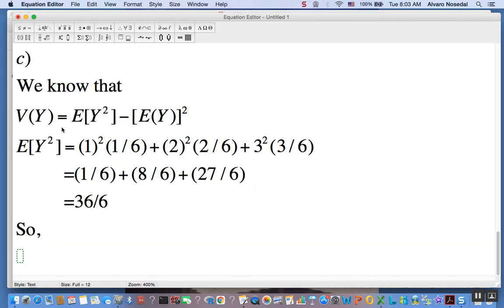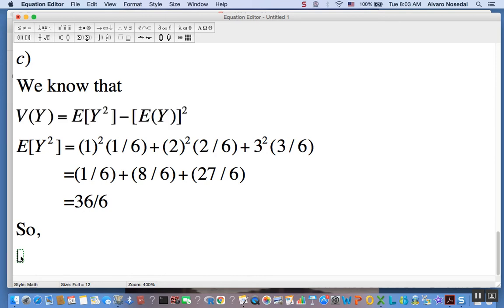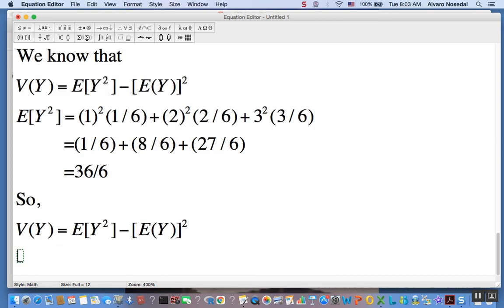So the variance of Y, which we know is the expected value of Y squared minus the expected value squared, right, is going to be 36 divided by 6, right?